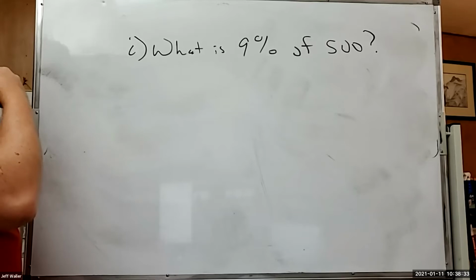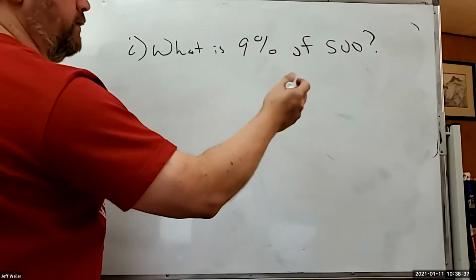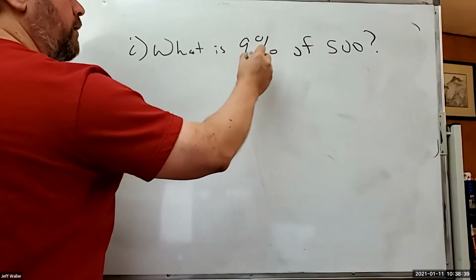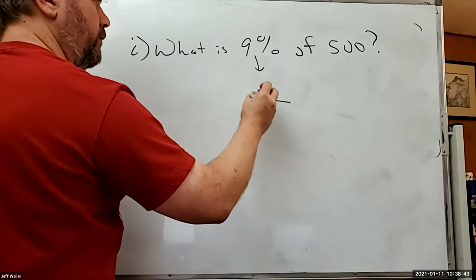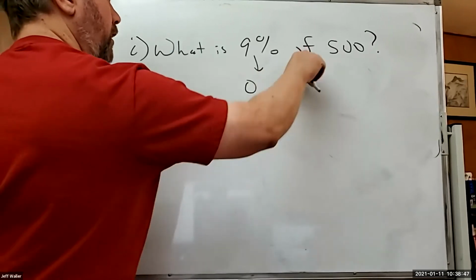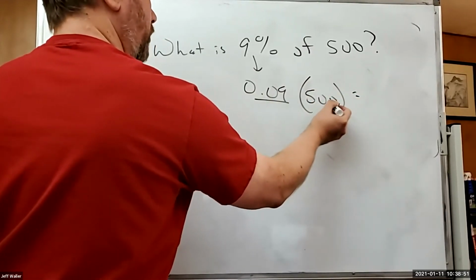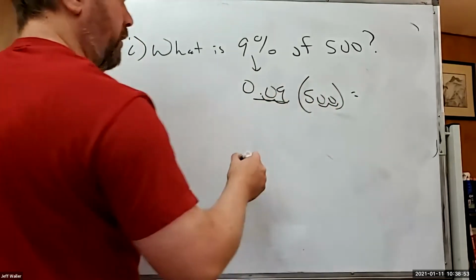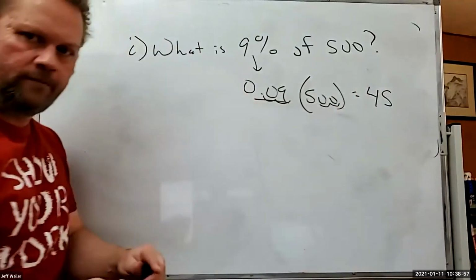Uh, 45. Yeah. There's actually several ways to do this, but the most direct way is 9% is what as a decimal? 0.09. Of means times. And then you can do the little trick that I showed you, or you just plug in the old calculator. Any way you do it, you get 45.